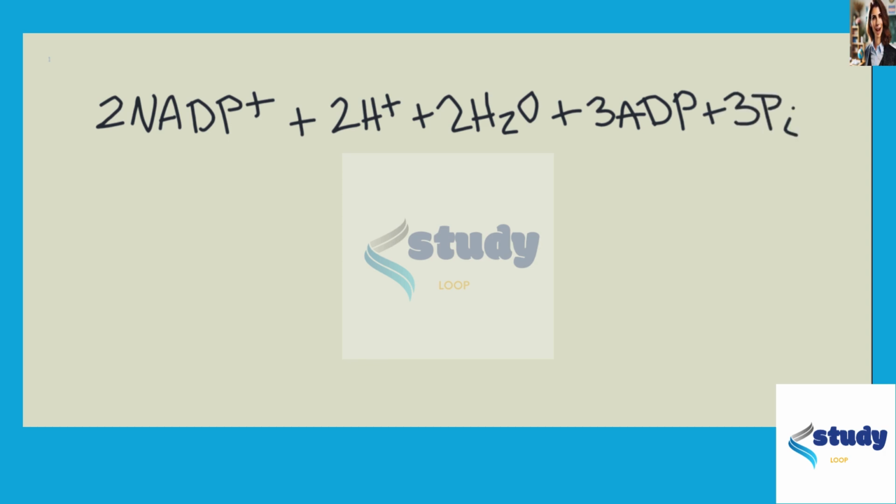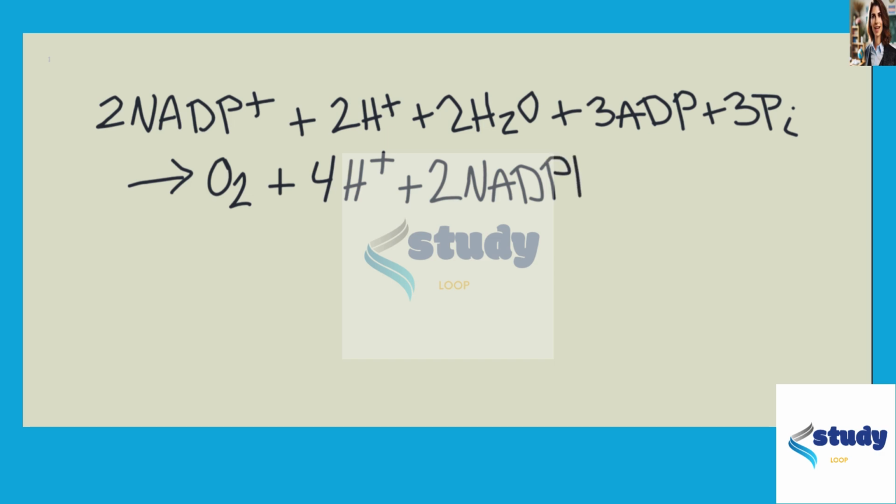Okay, so we start with this, and those are our reactants. And then the products are going to be some oxygen, right? Photosynthesis makes oxygen. We get some hydrogen ions, and then of course we get our NADPH and as well our ATP.